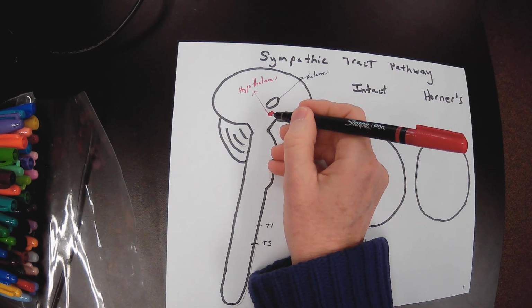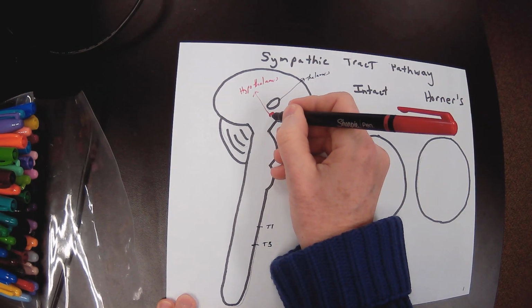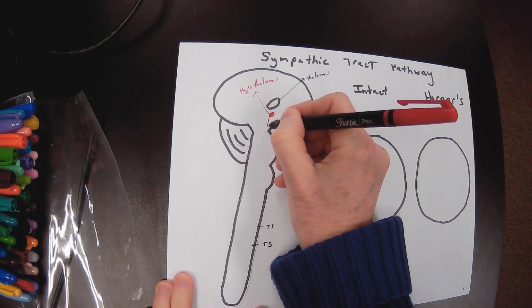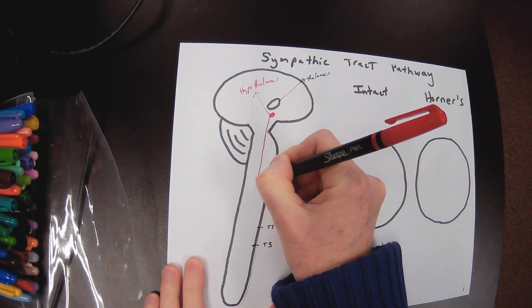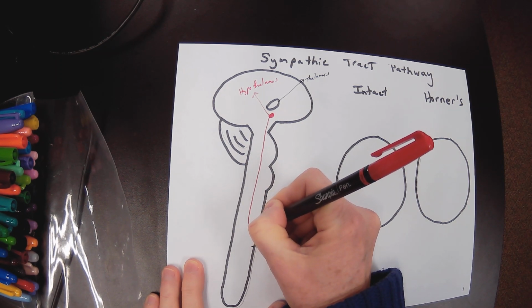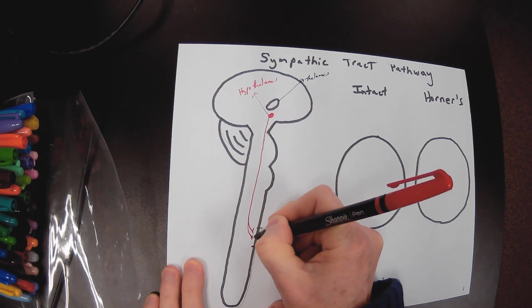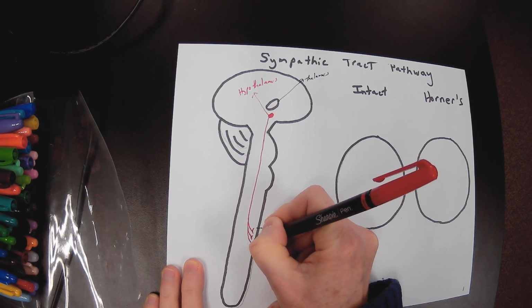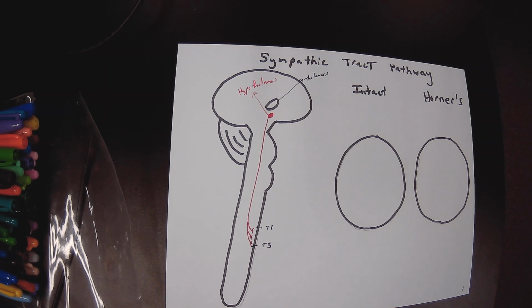So, neuronal cell bodies in the hypothalamus send out axons that descend through the midbrain, through the pons, through the medulla, all the way down the spinal cord to the level of T1, T2, and T3, lateral gray horn.